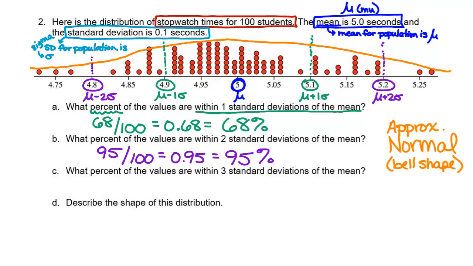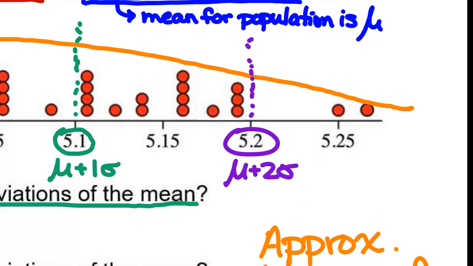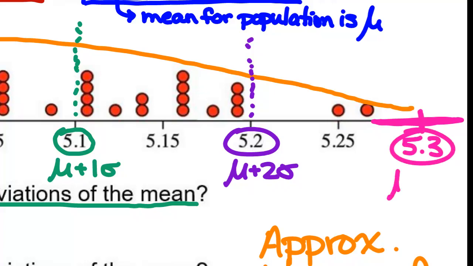What percent of the values are within 3 standard deviations of the mean? Does my graph even go out to 3 standard deviations? Where would 3 standard deviations be over here on the right-hand side? 5.3. Let's go ahead and add that. This is my mean plus 3 standard deviations.